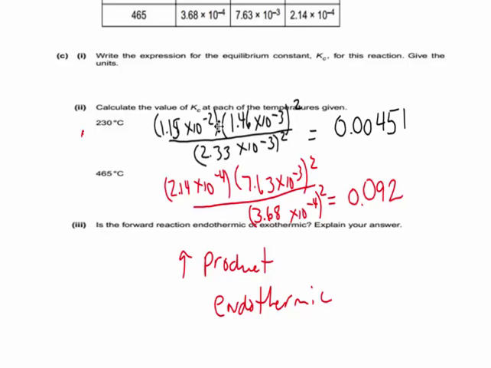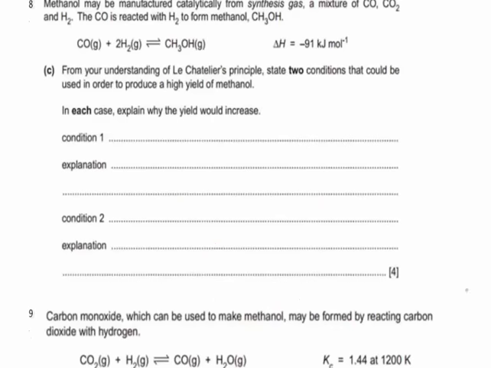The top value of my Kc expression is increasing over the bottom value, right? So the only way to explain that increase in product formation is that it had to have been an endothermic reaction, because we get more product formation in an endothermic reaction with a temperature increase. And so there's our explanation for part 3.